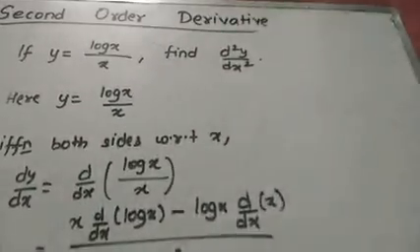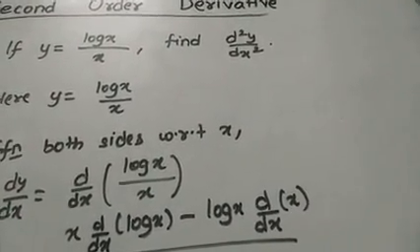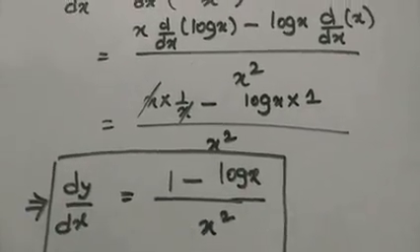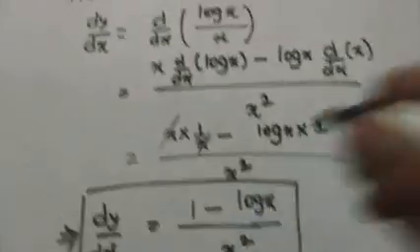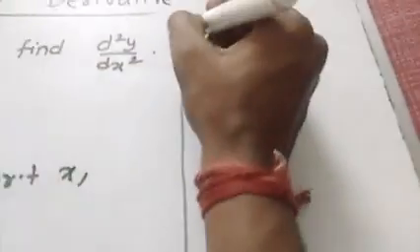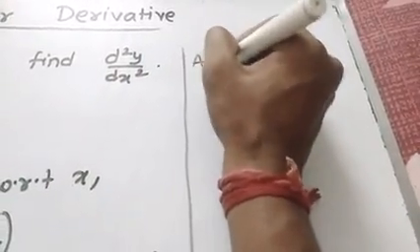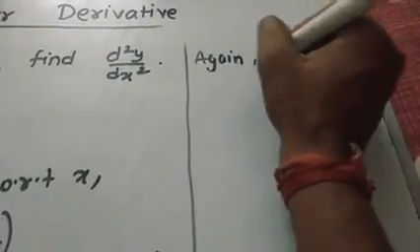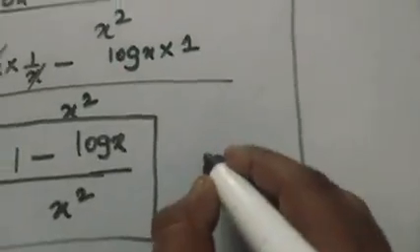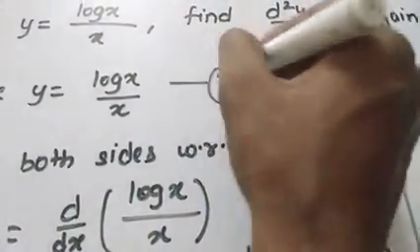So we got our dy by dx. But what do we have to find? We have to find d2y by dx2. So what will we do? We will again differentiate this. So then you have to write in this way. Again differentiating, name this expression as 2, main equation as 1.